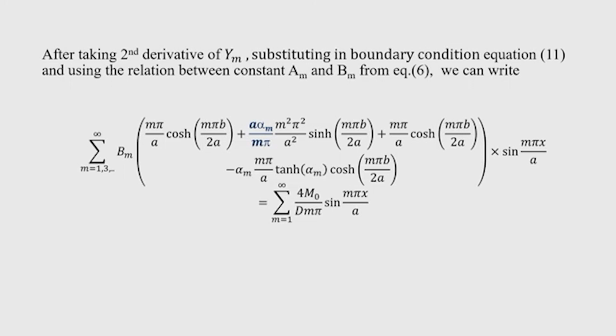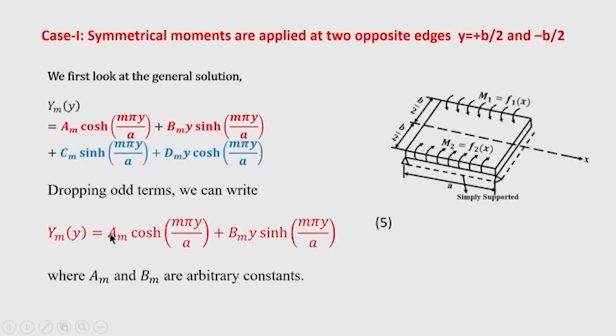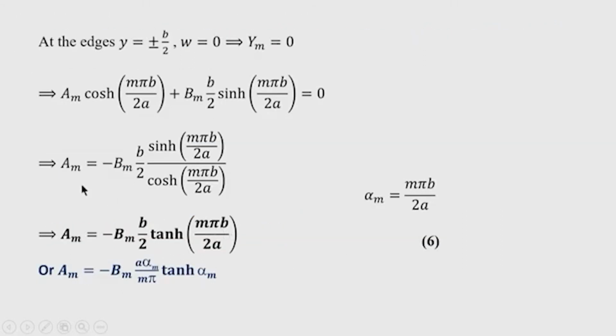Then, using the relation between the constants a m and b m, already found in equation 6, we have written the series in terms of only one constant. Originally there were two constants, a m and b m, but one constant is related to the other by use of the deflection condition.